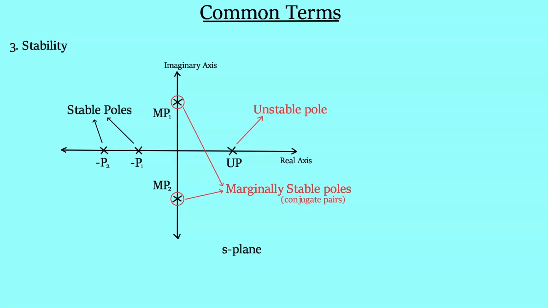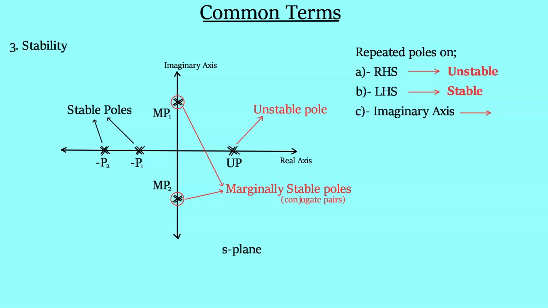Now the other thing is, what will happen if we have repeated poles? See, there is a difference between multiple poles and repeated poles. For example, we can have two poles, -2 and -3, which are multiple poles in the left hand side of the S-plane. On the other hand, if we have (S plus 2) raised to the power 2, which means we have pole -2 raised to the power 2, then it will be referred to as a repeated pole.